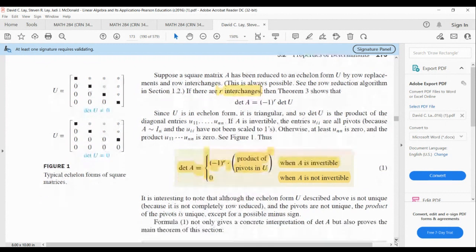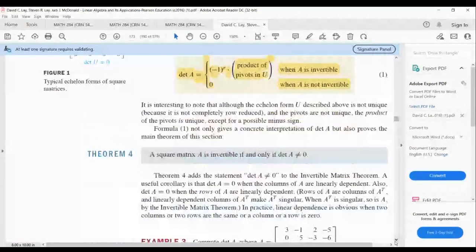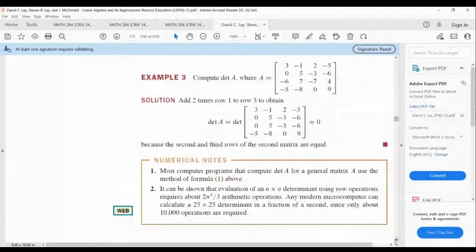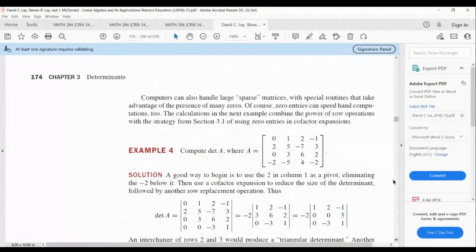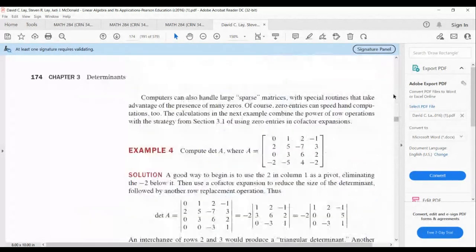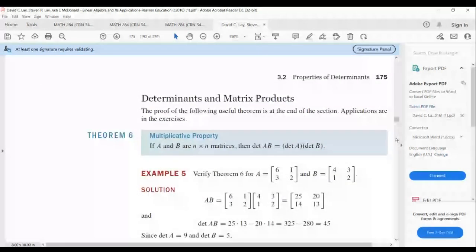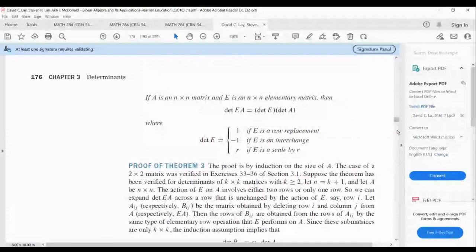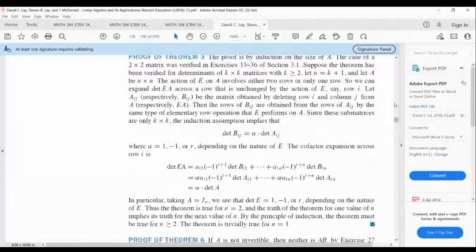And in the numerical notes, hold on here. I want to get to the numerical notes. Where was I? Just give me a moment. I'm sorry, class.